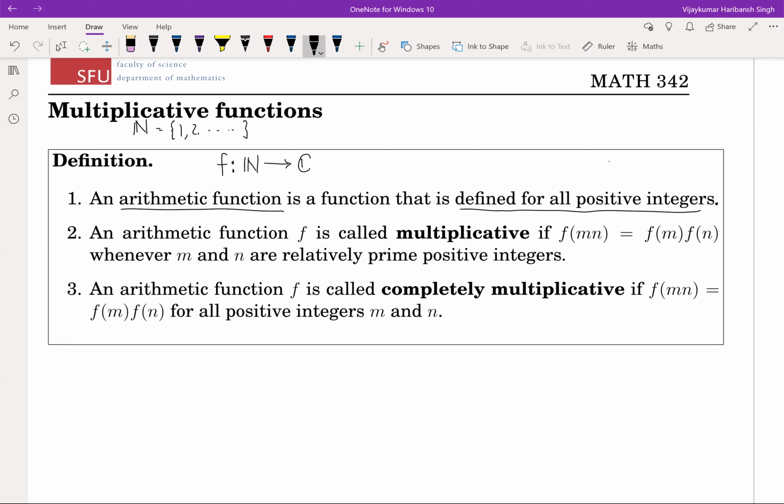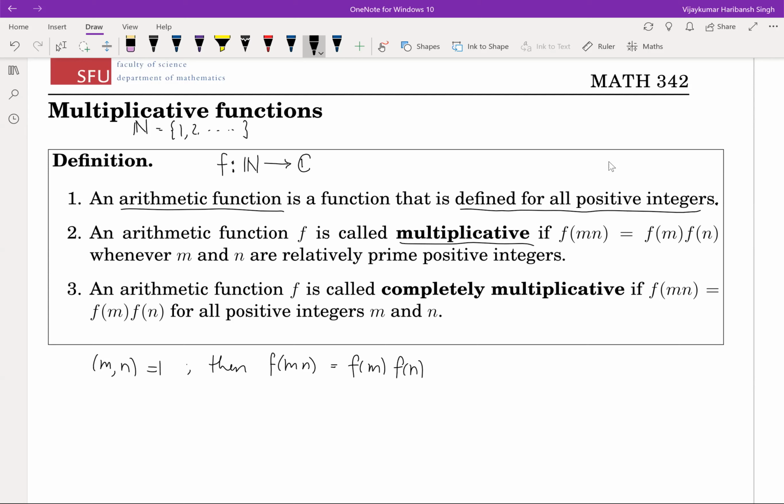Now an arithmetic function is called multiplicative if, when m and n are coprime, that is, if you take two positive integers which are coprime, then f of mn is f of m times f of n. Then such a function is called multiplicative.